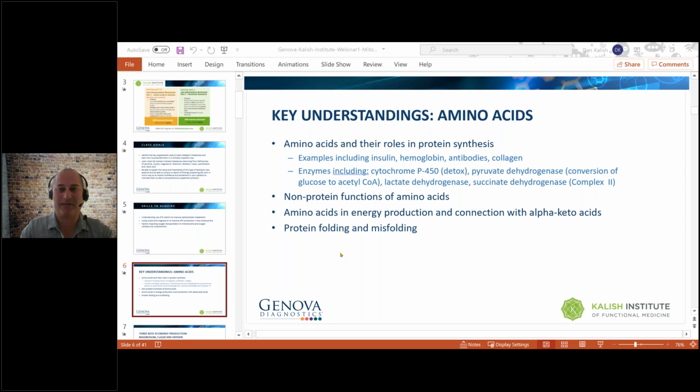Ready for this? Amino acids have many roles, but let's boil it down to two. They have a role in protein synthesis. Which proteins? All proteins in the human body require the same 20 amino acids in roughly the same percentages: insulin, hemoglobin, every antibody.